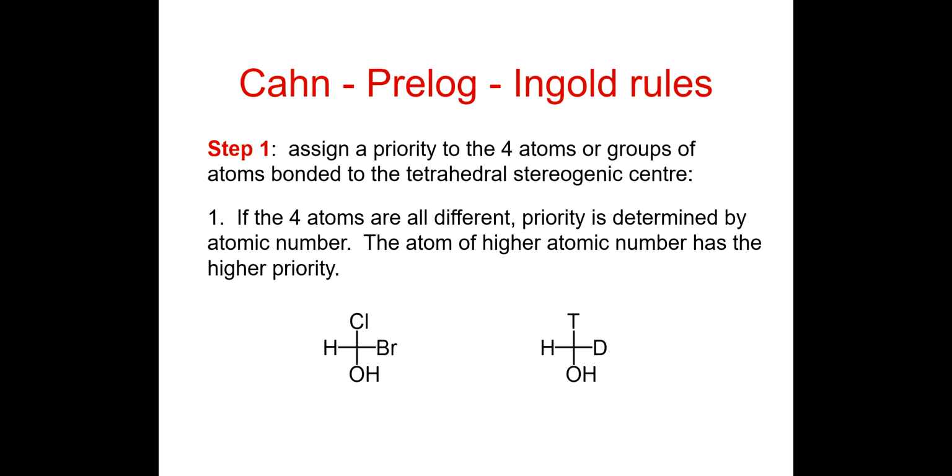They are actually on the same series on the periodic table, right? Okay, so bromine ranks highest, then chlorine, then the OH, oxygen and hydrogen.